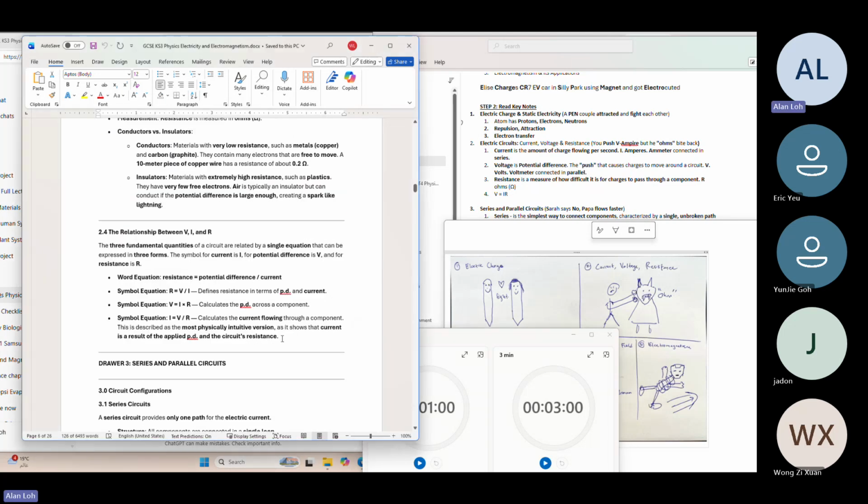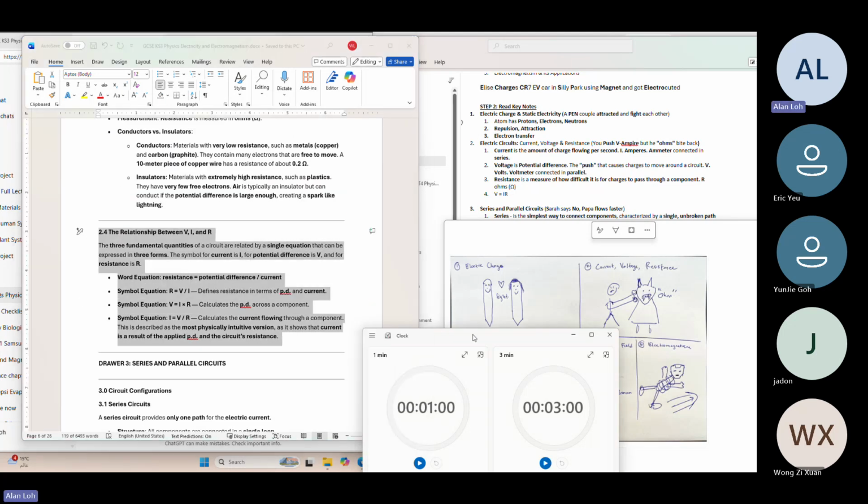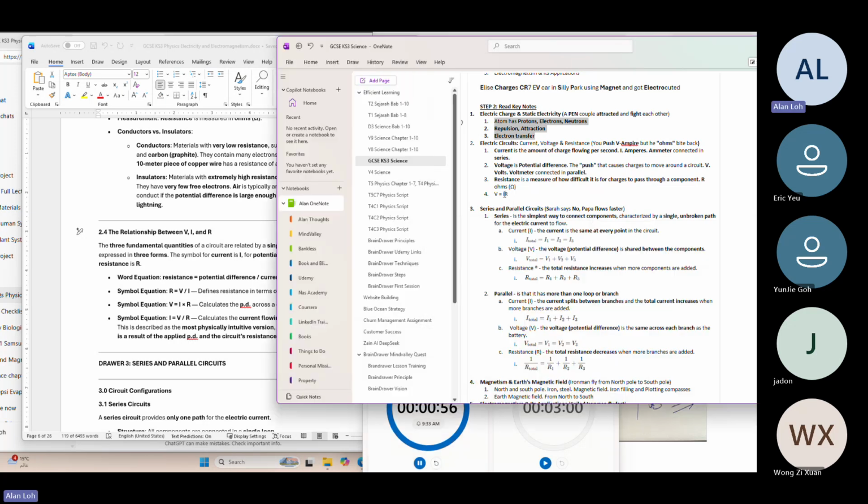Okay, 2.4, 30 seconds. Drawer number 2, point number 4 here.